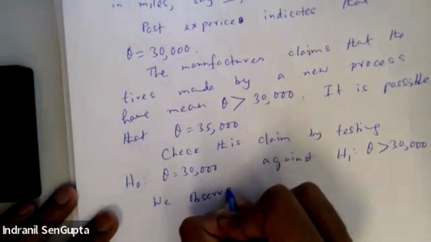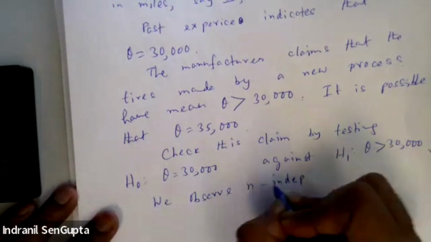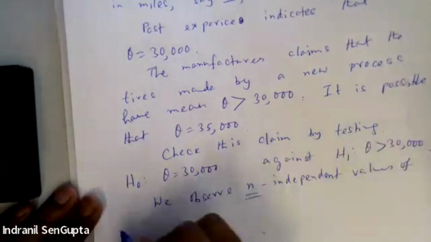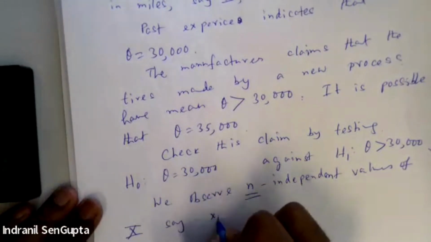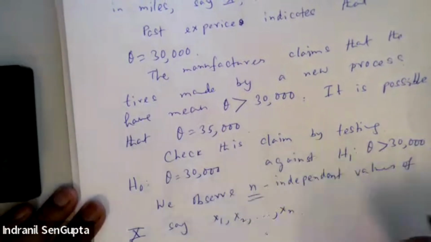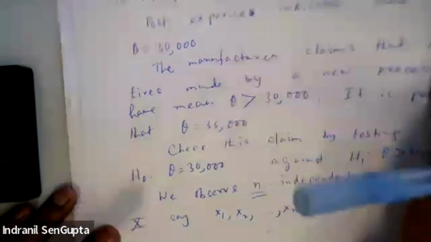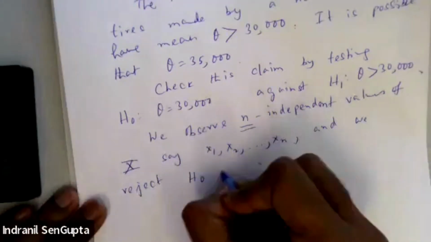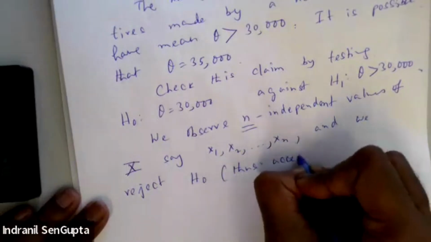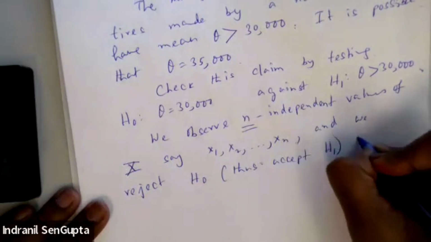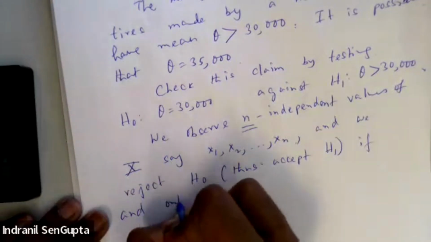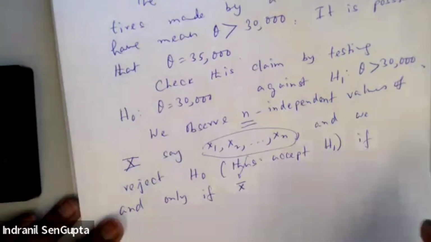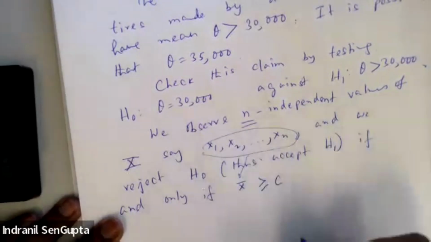So we observe n independent values of x, say little x1, little x2, up to little xn, and we reject h0 and thus accept h1 if and only if x bar, the sample mean, is bigger than some constant c.